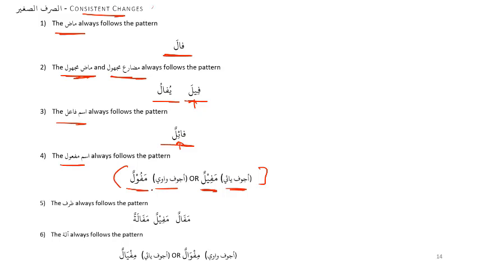For example, qala, this is ajwaf wawi with a waw in the middle. Zarf has these three forms that we've seen before, and ism ala has these forms. But these are less important compared to the first three.